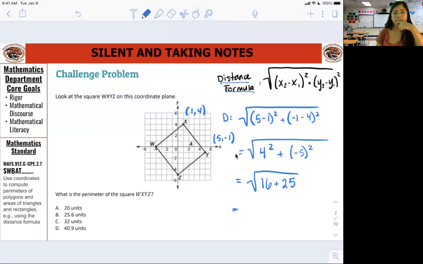What's 16 plus 25? 41. Did you say 31 or 41? 41. Good, 41. Calculators are allowed. What is the square root of 41?